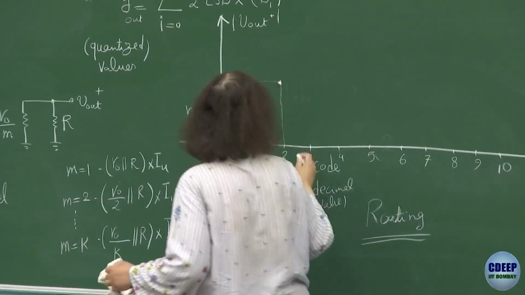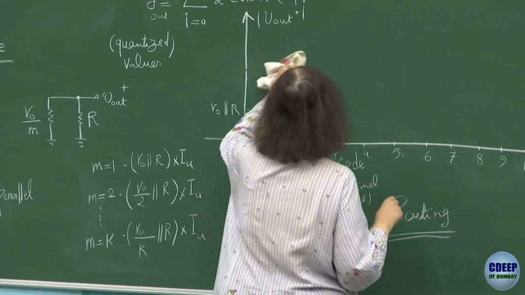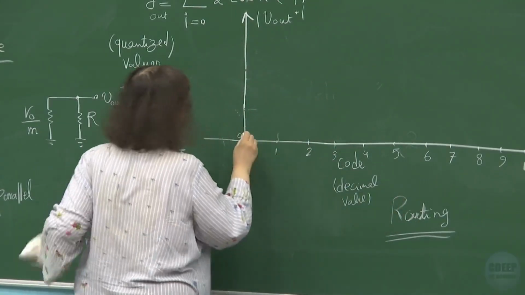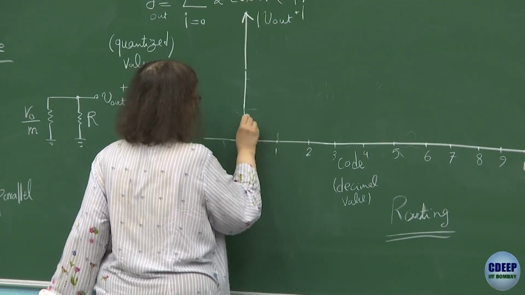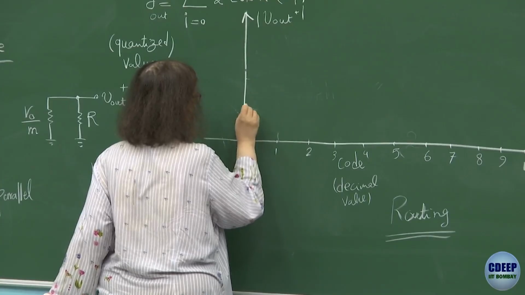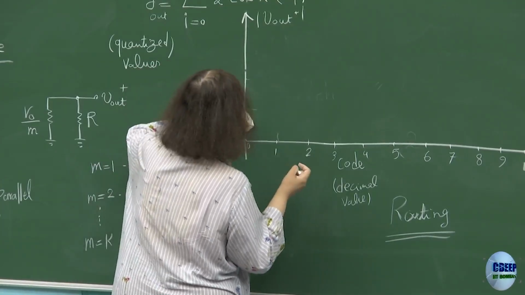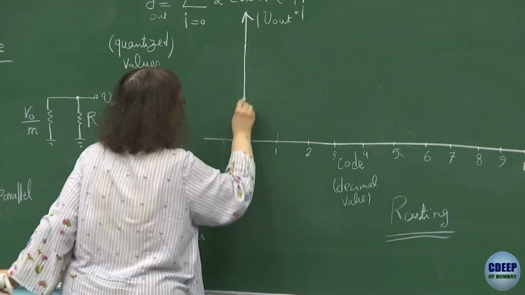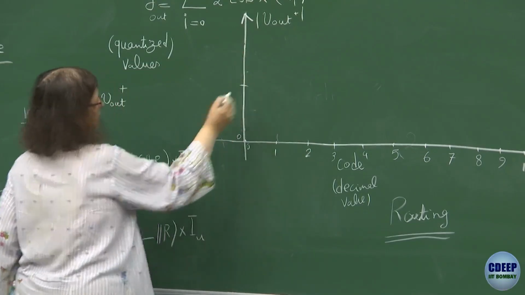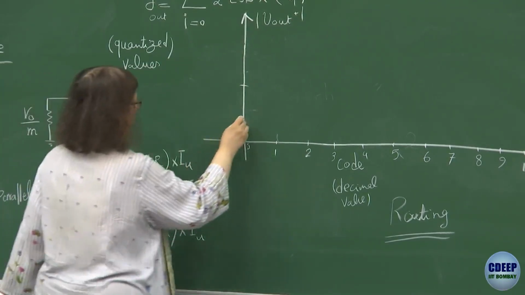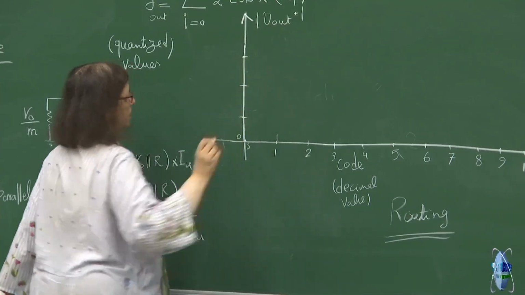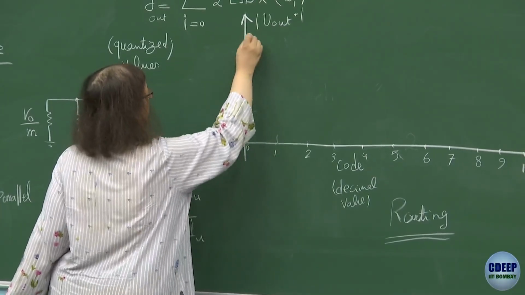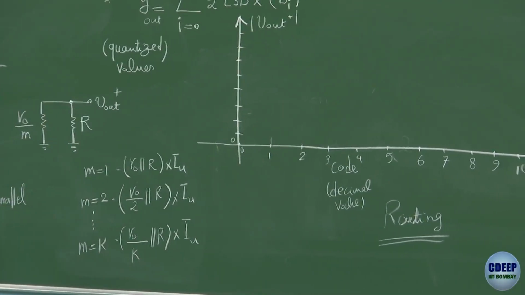Now I have to reduce this, otherwise I will not be able to cover all. Let me reduce. Go here, 1 is here, 2. How many do I want? Say 10. This is somewhere here, then here, and here: 1, 2, 3, 4, 5, 6, 7, 8.